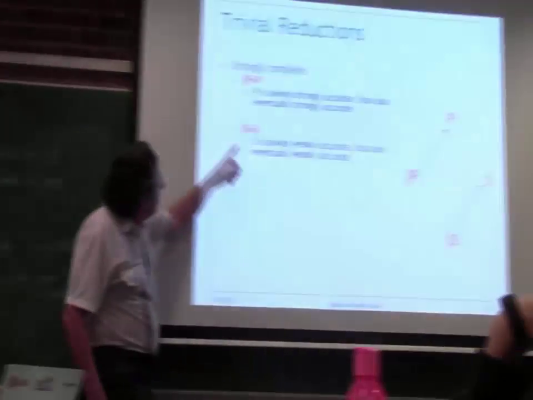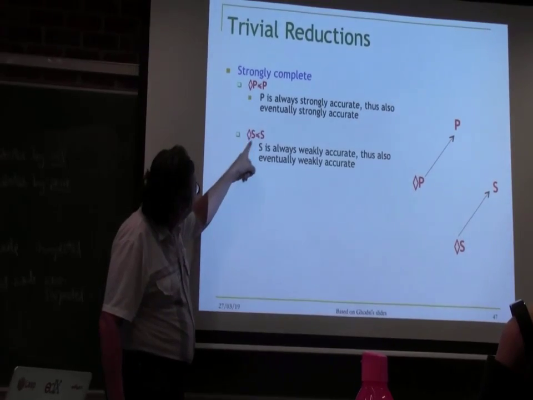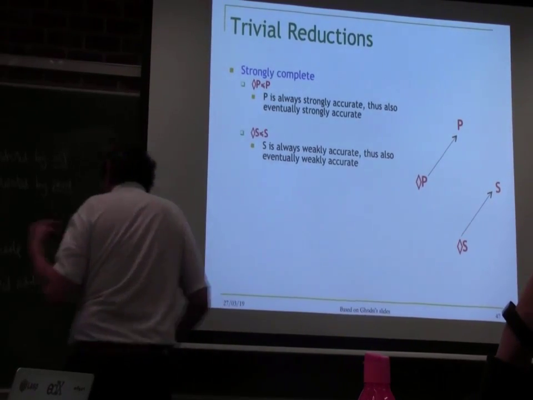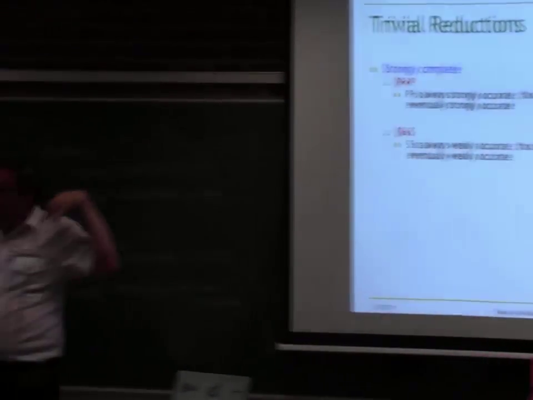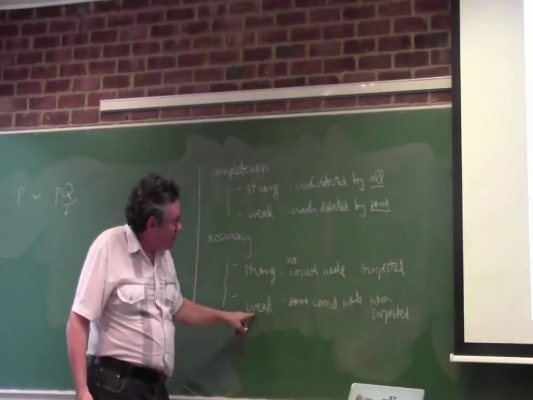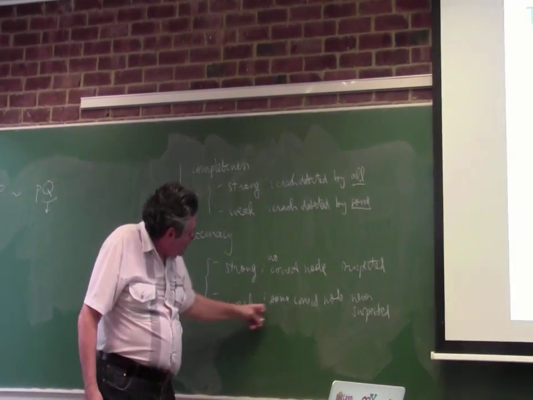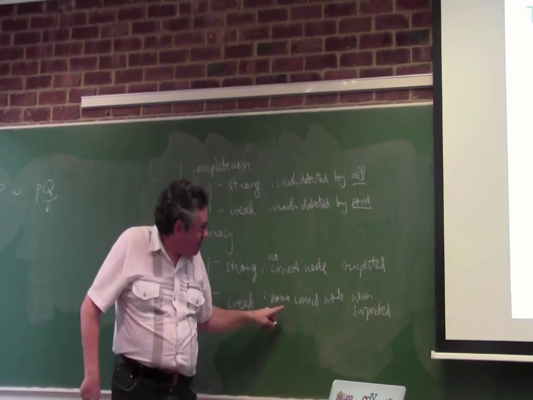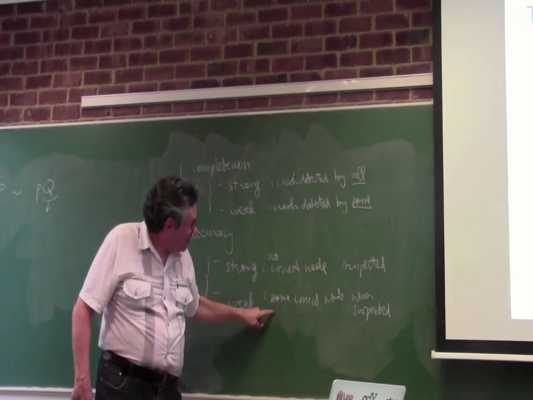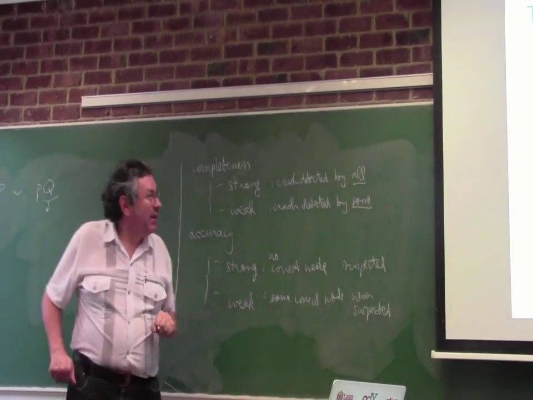But we can also have eventually S. That means in the beginning it can make mistakes with respect to everybody, but after some time there's one guy that it stops making mistakes for. Okay? It's a little bit subtle, huh?